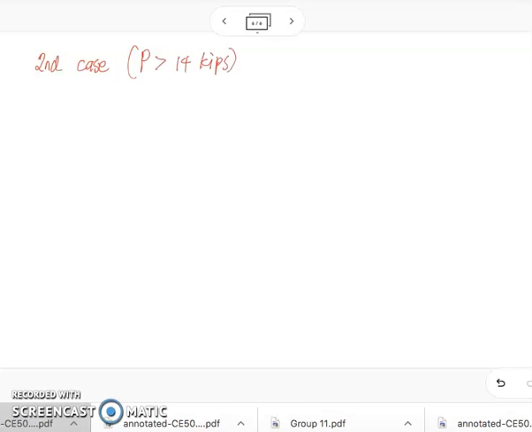So we have to solve for our P. If this is our 14 kips, this distance is of course 10, and this is P. As mentioned a while ago, this is 3 and this is 3.